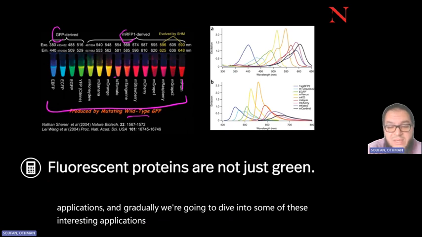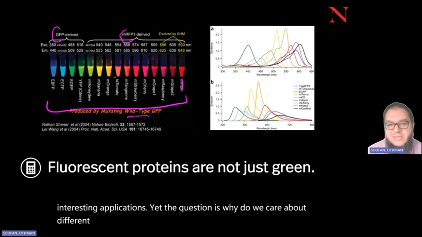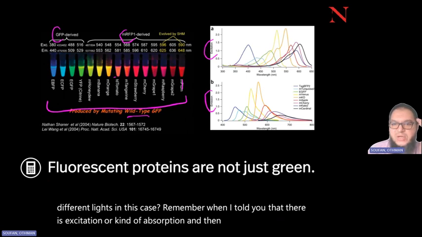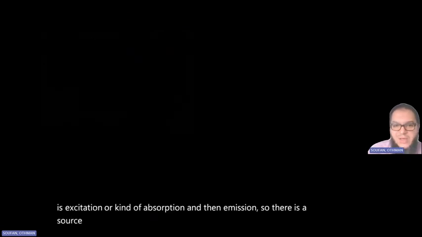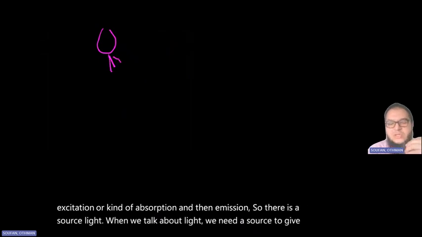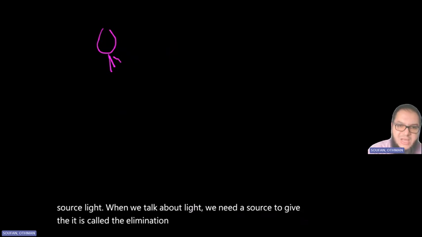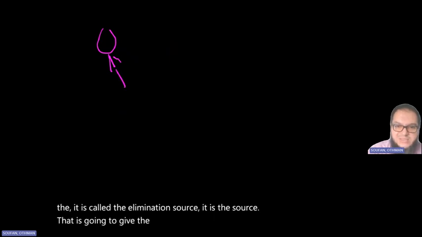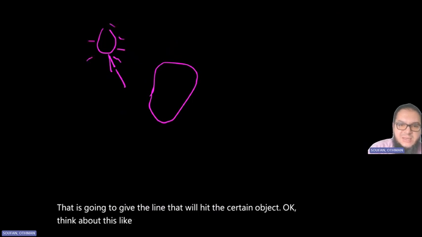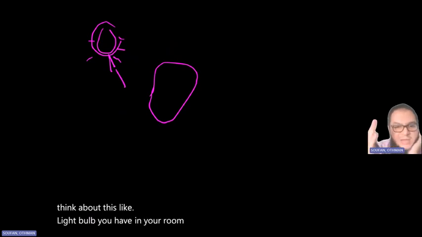Yet the question is, why do we care about different lights in this case? Remember when I told you that there's excitation, or kind of absorption, and then emission. So there is a source light. When we talk about light, we need a source, called the illumination source. It is the source that gives the light that will hit a certain object. Think about this like the light bulb you have in your room, or the sun in the sky, or any other illumination source.